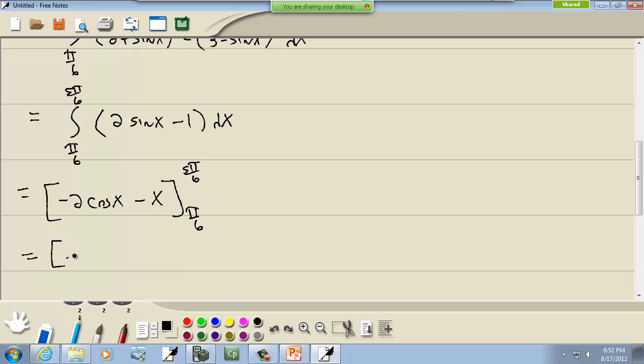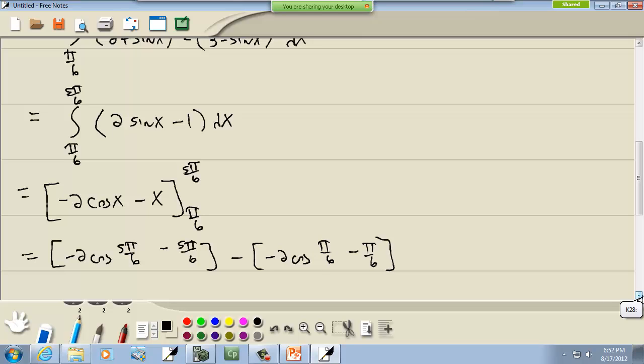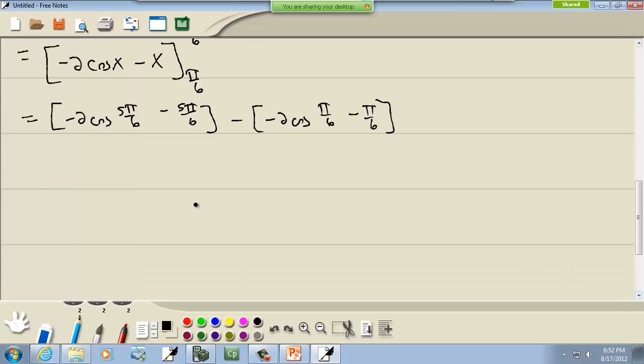So we got negative 2 cosine 5 pi over 6 minus 5 pi over 6 minus, and then negative 2 cosine pi over 6 minus pi over 6. Now if we look on our unit circle, cosine 5 pi over 6, here's 5 pi over 6, and remember this was negative square root of 3 over 2 and 1/2.